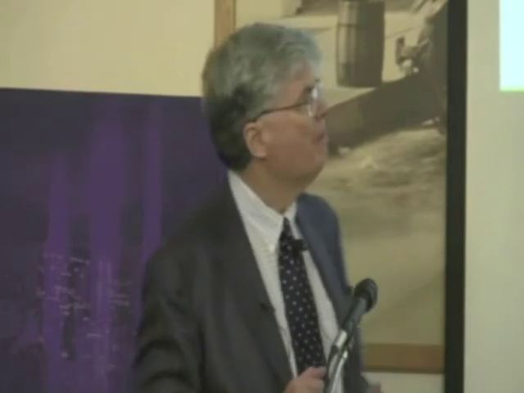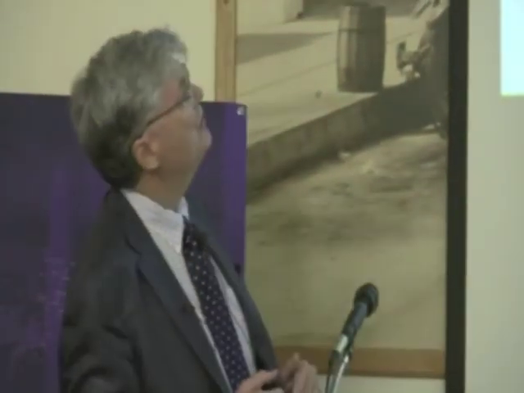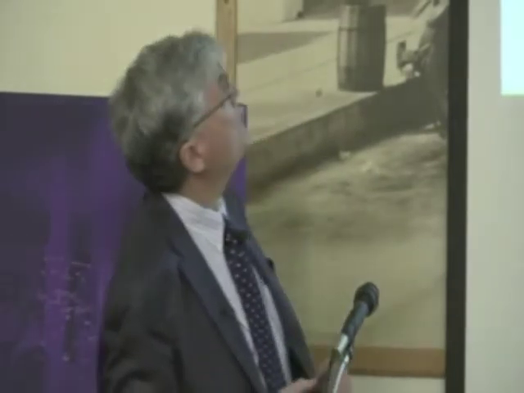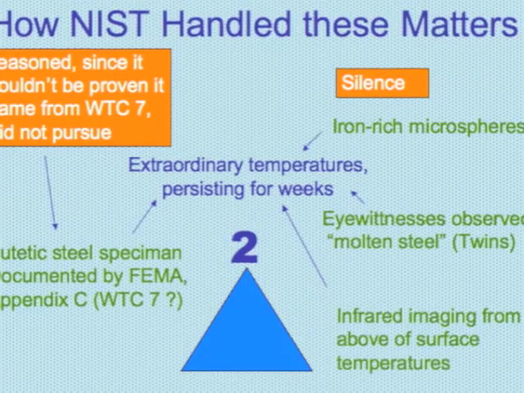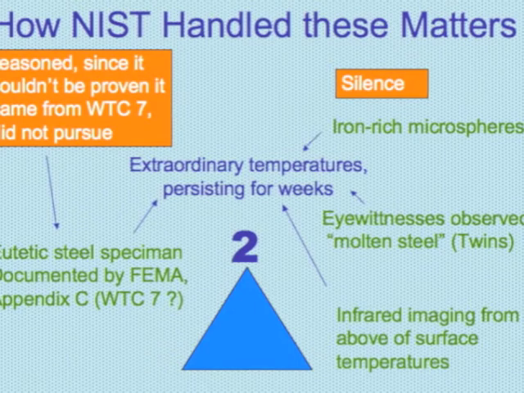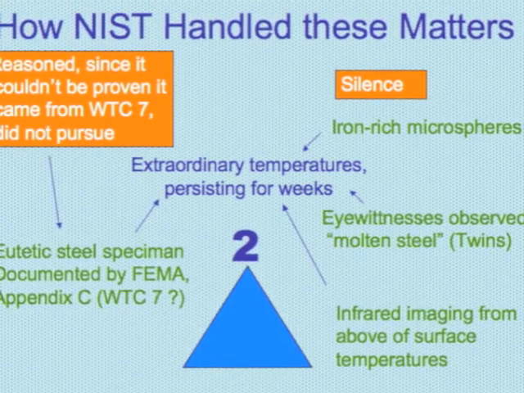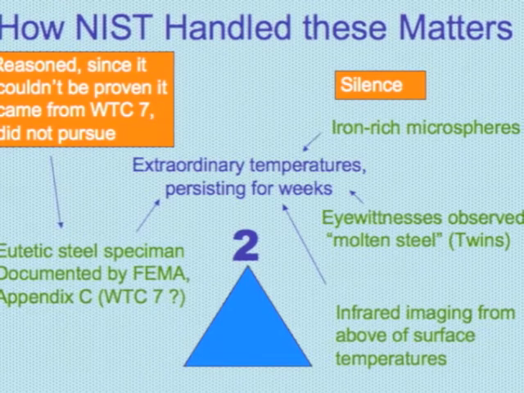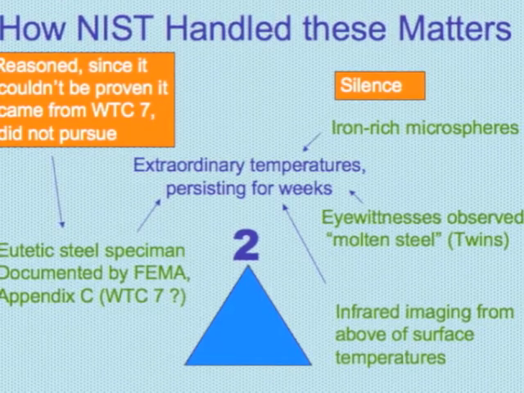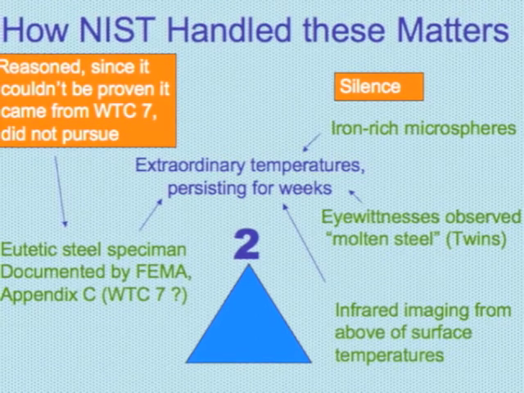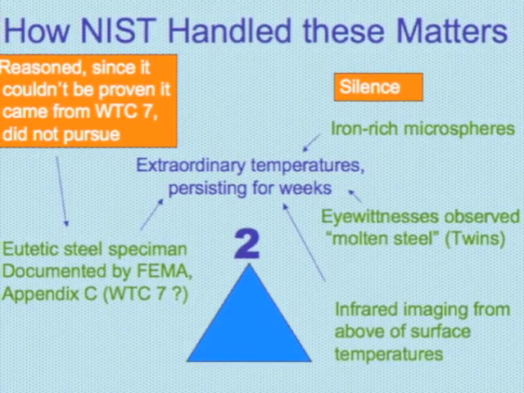Big question. Next chart. This is having to do with the extraordinarily hot temperatures. NIST basically acted as if there was no evidence. When they were questioned in different press meetings about it, they would say, we have no evidence that there was any extreme temperatures.